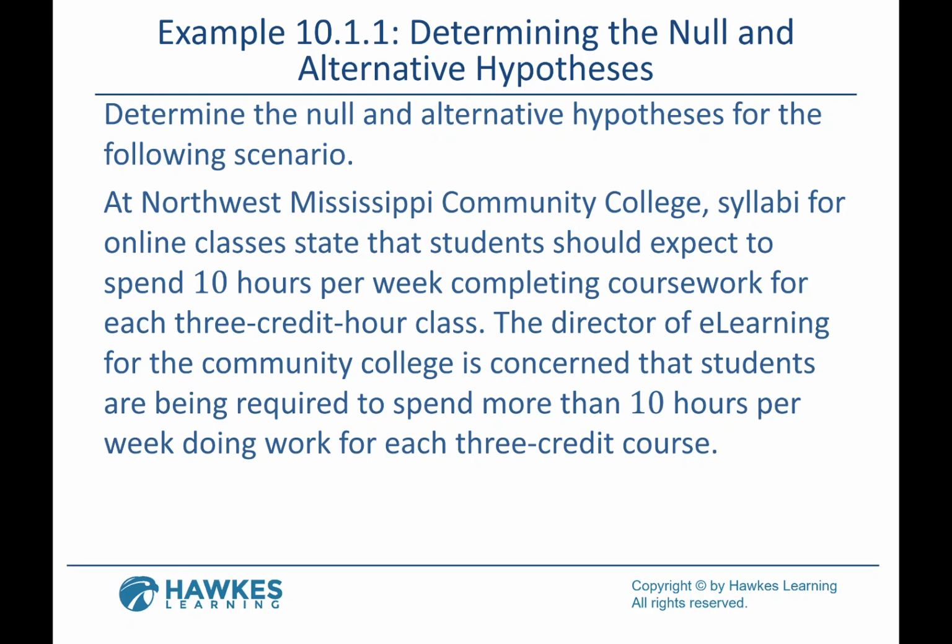Okay. So our person that would do a hypothesis test in this situation would be the director for e-learning. They're the person that thinks students are having to spend more than 10 hours per week on each course.